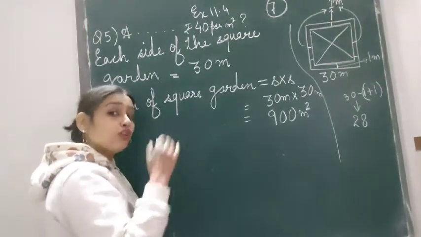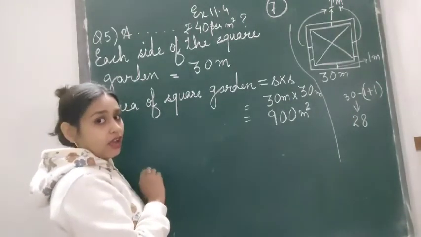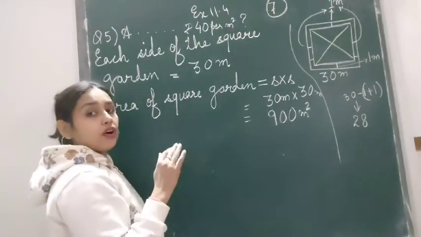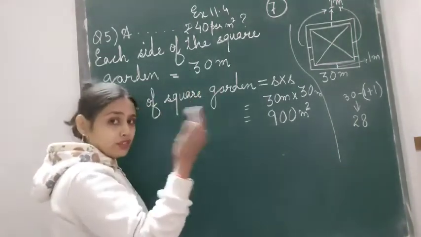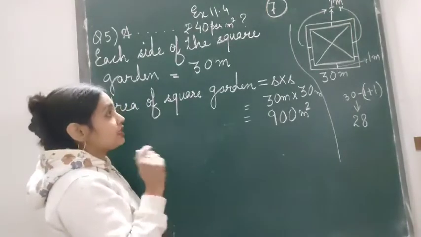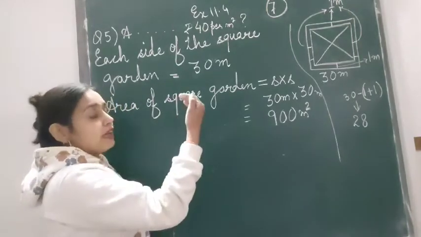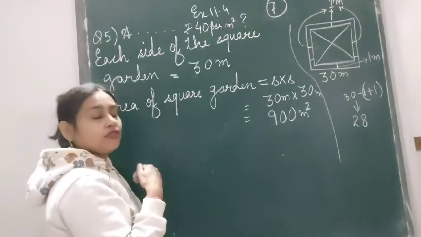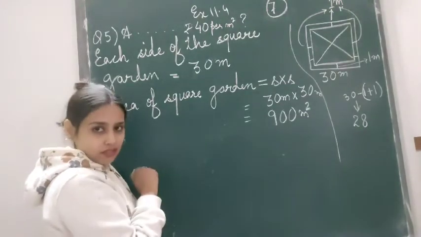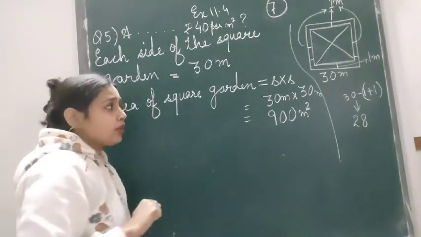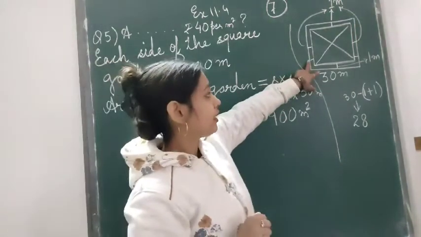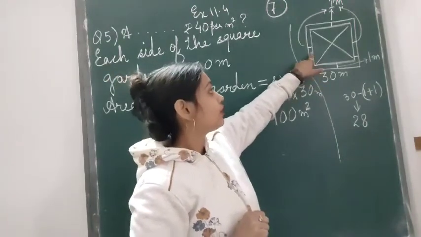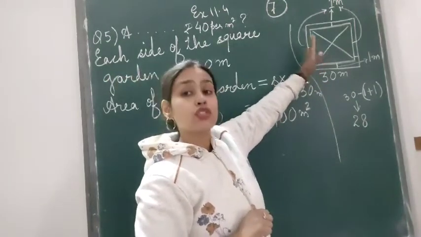So we were including the paths to find the area of the new rectangle or the new square which was formed, right? But here the path has to be constructed inside. That means we cannot include the path now, because we have already found the total area. We need to exclude the path.